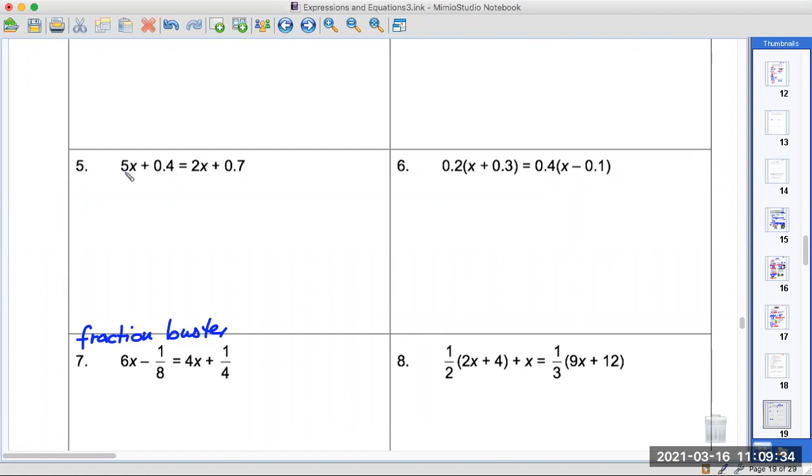This one with the decimal, a quick way is, since you have one digit after the decimal point, move your decimal 1 space, but that means you have to multiply everything by 10. So now that turns into 50x plus 4 equals 2 times 10 is 20x plus 7.